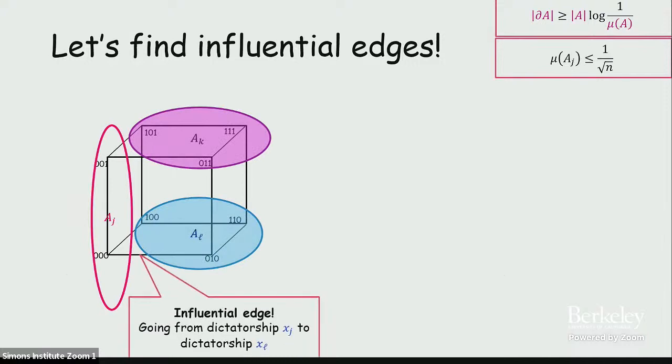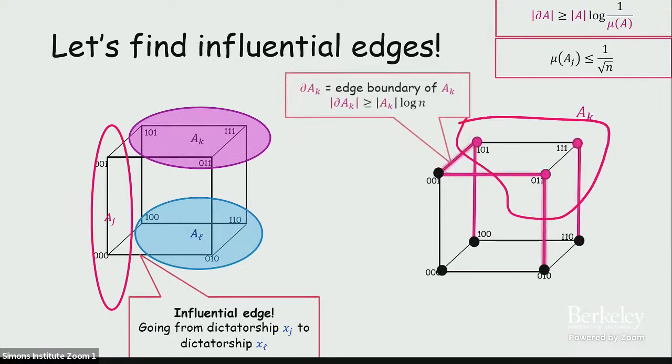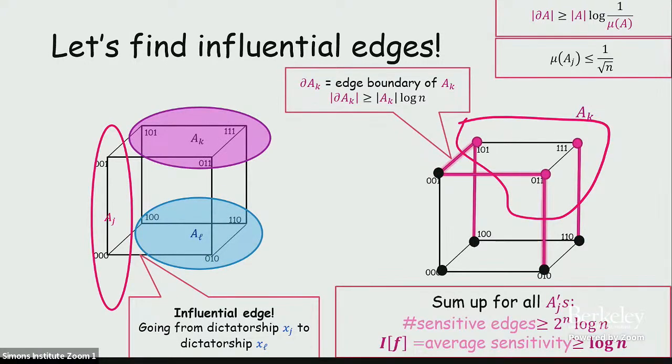Now if we sum up all the edges in between. If you remember, we thought that the density of these groups is small, at most 1 over square root n. So it means that we have at least the number of nodes in each group times log n edges going outside. Summing all of them together, we get many sensitive edges, 2^n times log n.